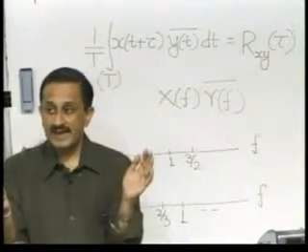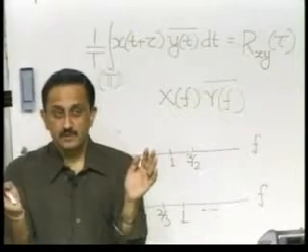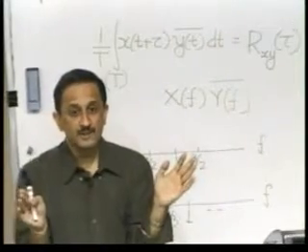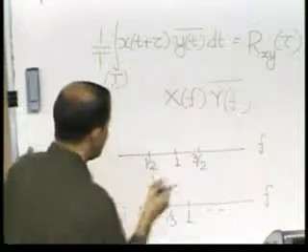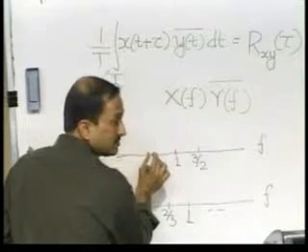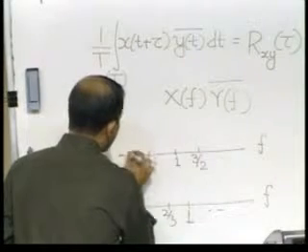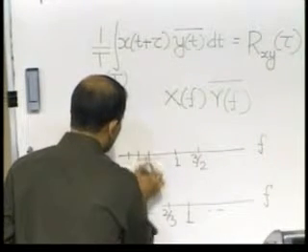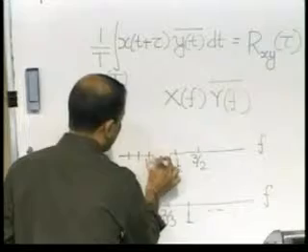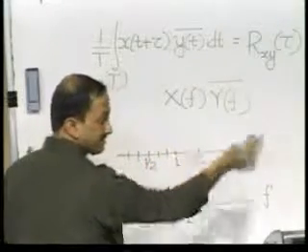Now if I consider the two functions to be both periodic with period 6, I must insert into this points at 1 by 6. So I have 1 by 6, 2 by 6, 3 by 6, 4 by 6, 5 by 6, 6 by 6 and so on.